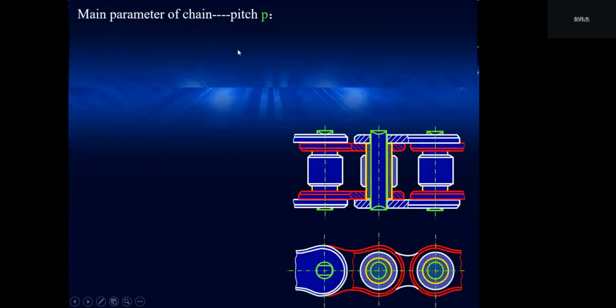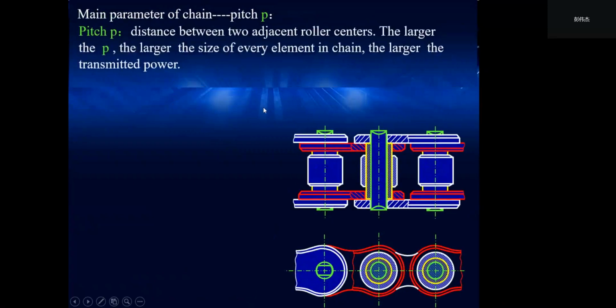The main parameters in a roller chain are pitch P, roller diameter D1, pin diameter D2, length between inner link plates B1, link plate thickness T, the number of links LP, and strand spacing PT.